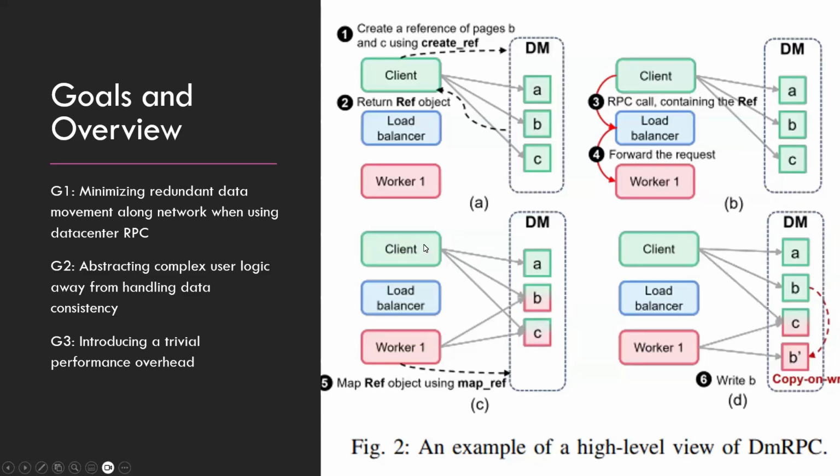So now B and C are shared between the client and worker one. At this point, the worker needs to write something to B. To change it, it copies all data from B to a new page and makes the write inside the new page. With this model, the consistency holds.